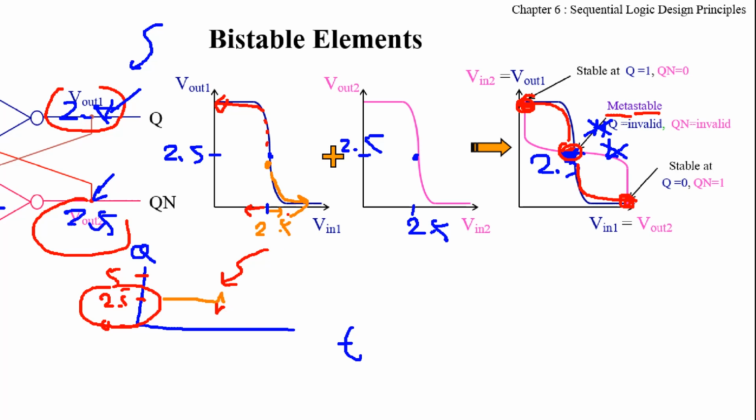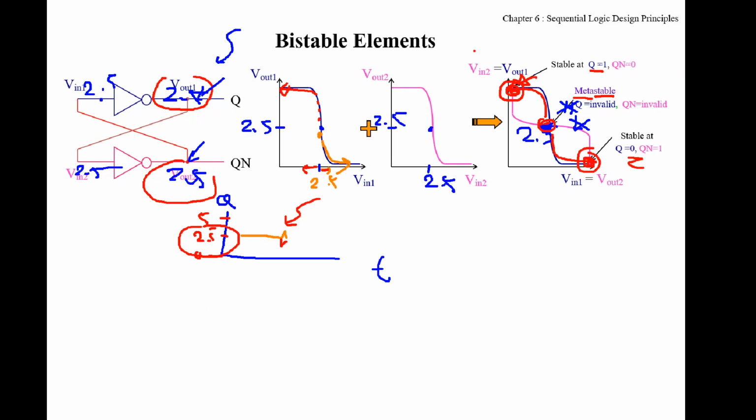If higher, you go to the state where Q is 0. But if it changes lower, the new stable state will be this point, where Q is 1.